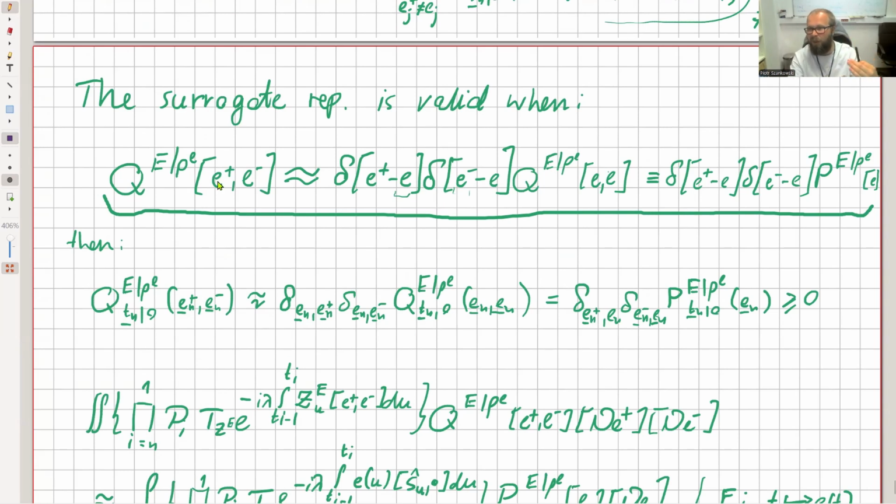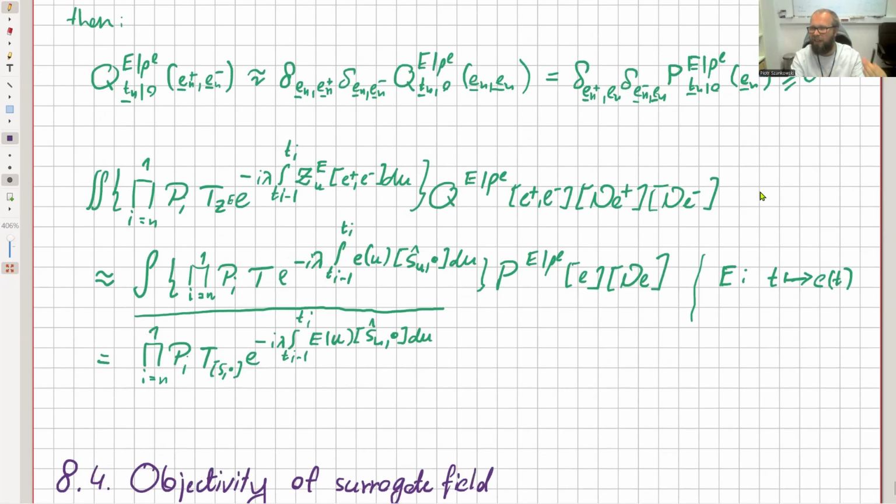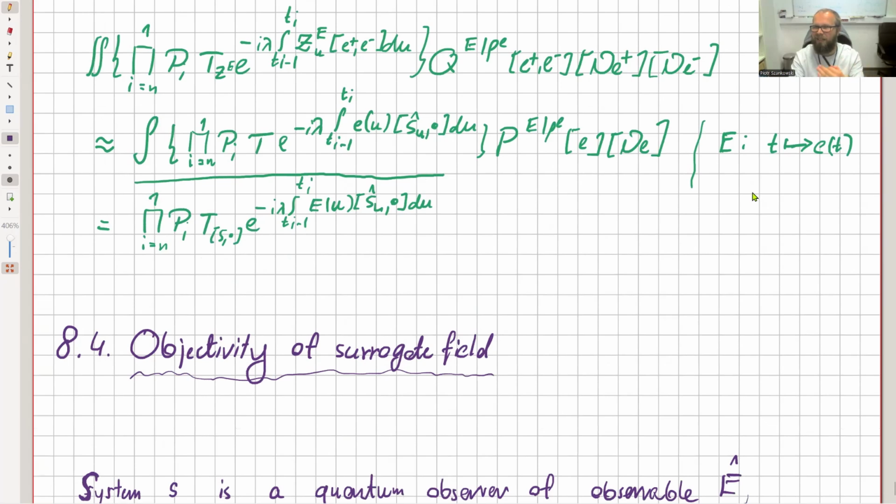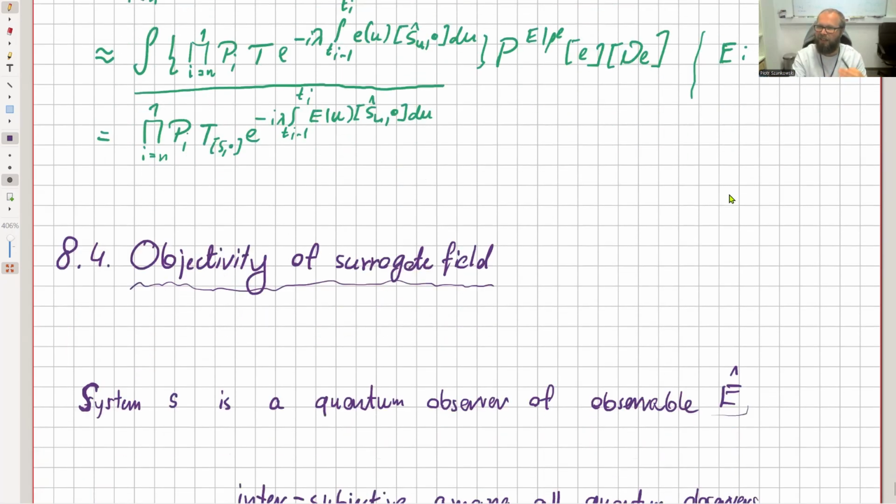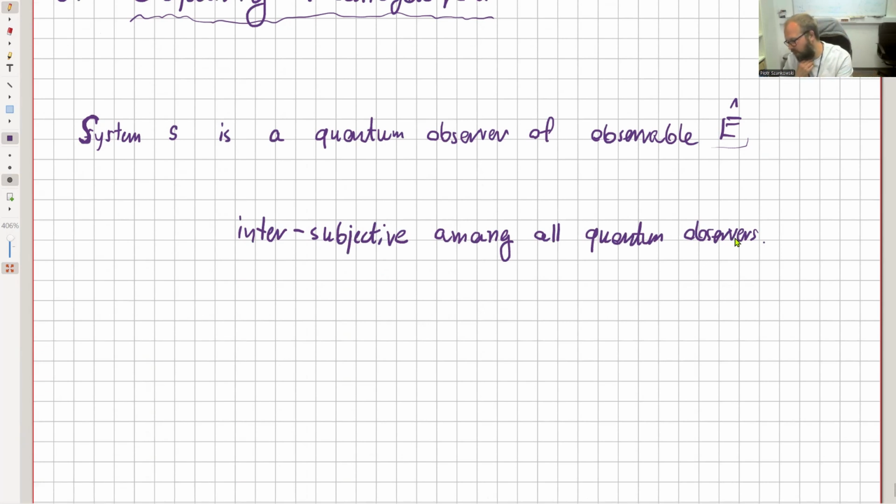If this probability behaves as a classical stochastic process distribution, then all the observers, quantum and classical, will essentially experience the same thing. They will all see the same external noisy force field. Let me show you that as the last thing of this whole course.